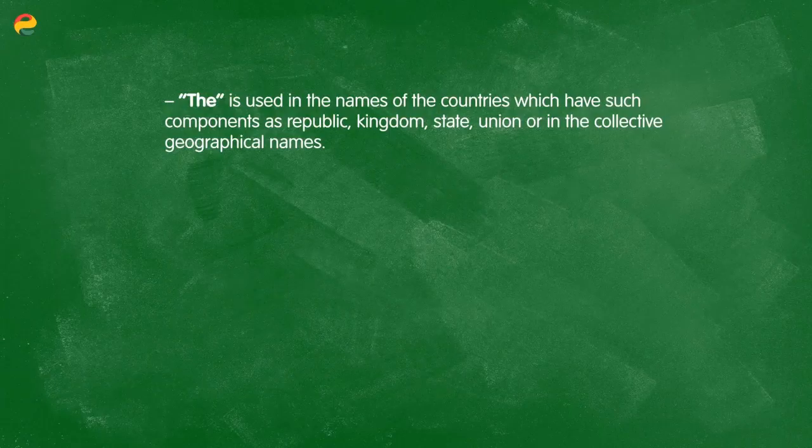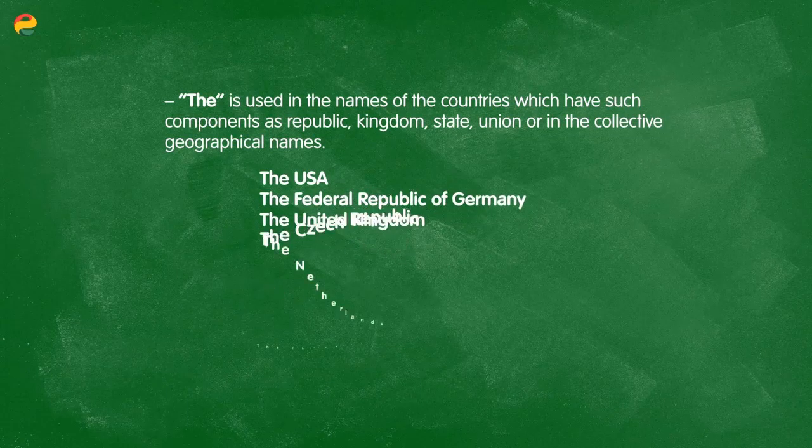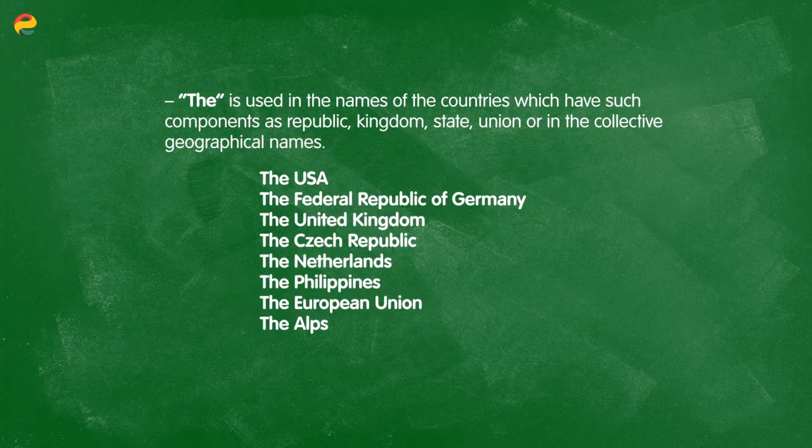Now, you should also memorize some of the more specific usages of "the." For example, we use "the" when we're talking about the names of countries or places, which include the following words: republic, kingdom, state, union, or they are a collective geographic name, such as in the examples, the USA, the Federal Republic of Germany, the United Kingdom, the Czech Republic, the Netherlands, the Philippines, the European Union, or the Alps.